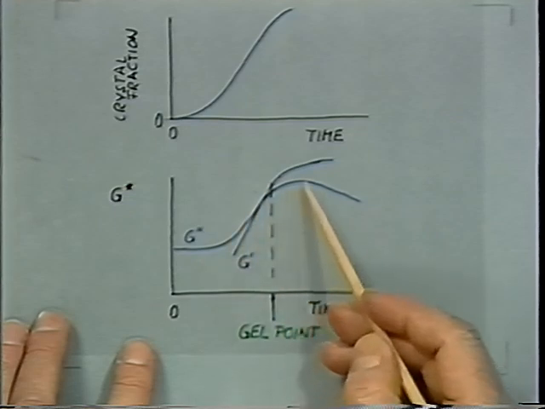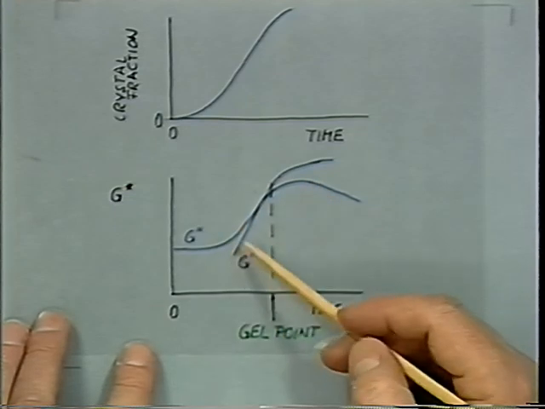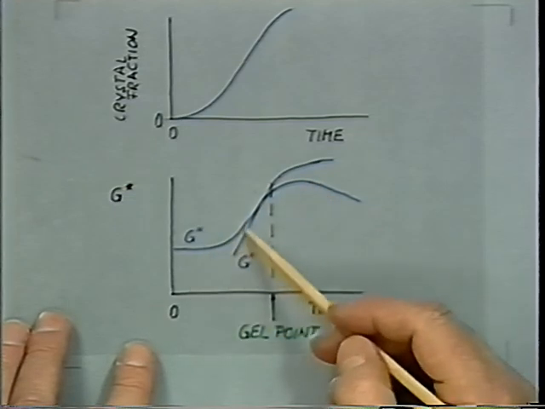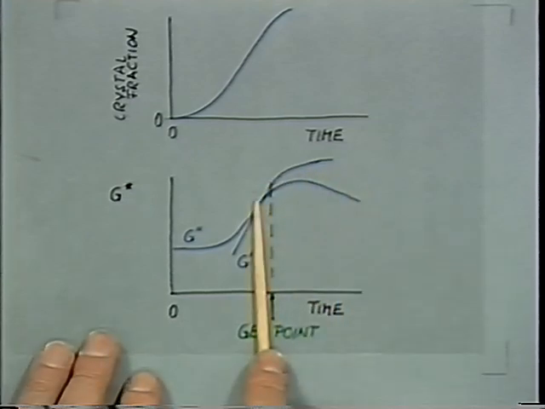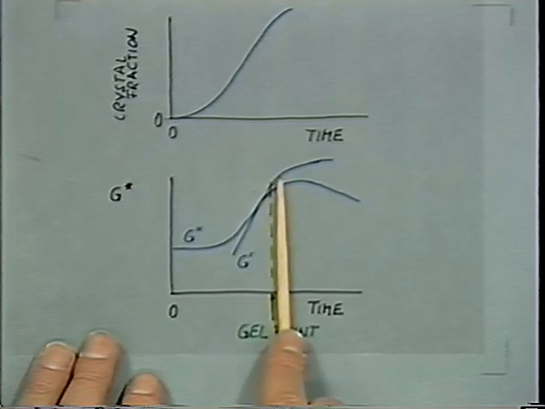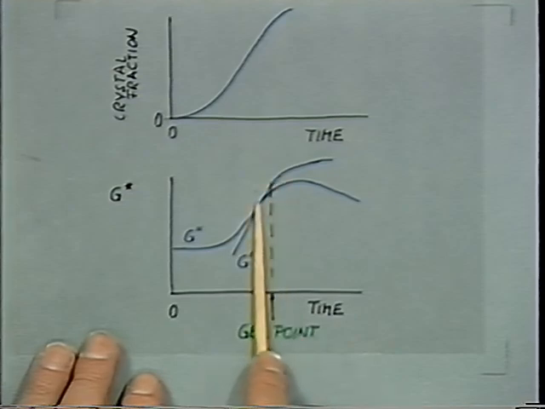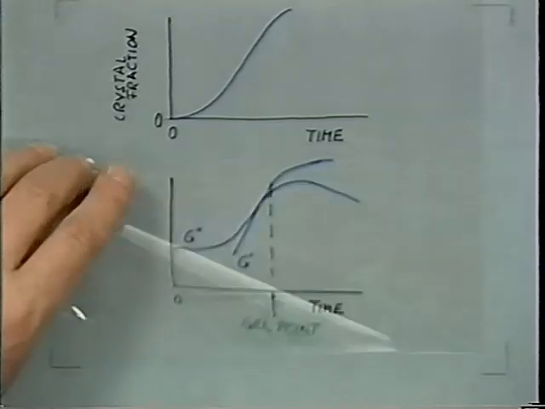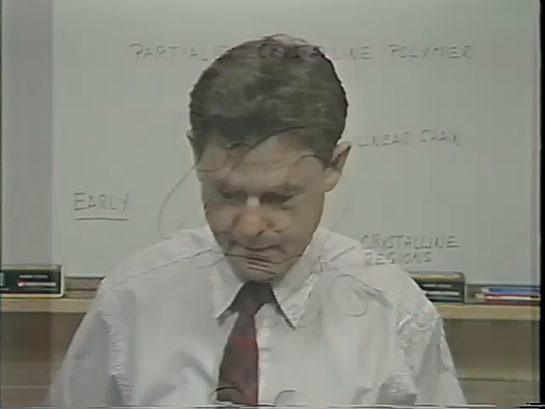G double prime will grow, and G prime will grow even further, and the gel point will occur somewhere, most often beyond the crossover point. The crossover point is definitely not the gel point, except for a few exceptions, but we have to come back to this in a little more detail.